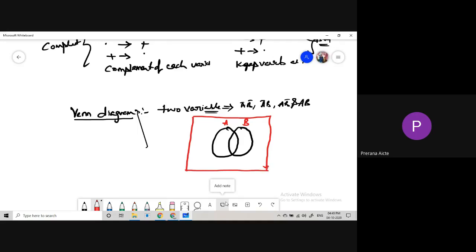By using binary values, A bar is nothing but 0, B bar is nothing but 0. So this entire part, this red line part, is nothing but A bar B bar. Here we are not taking any value. Then coming to this one, it is nothing but A B bar. So what is the maximum value here for this one?